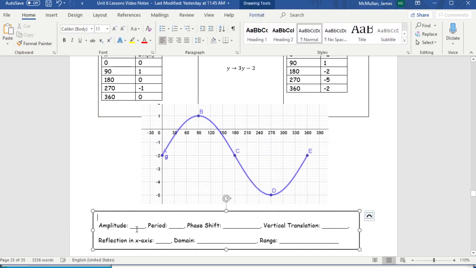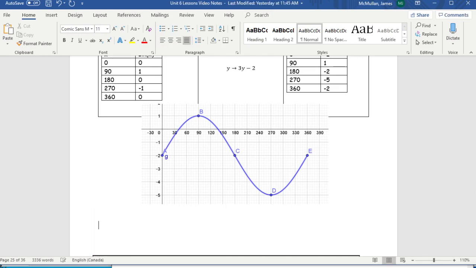The amplitude is, oh, I see. I'm not easily going to be able to fix this. Well, I guess I'll just type it.